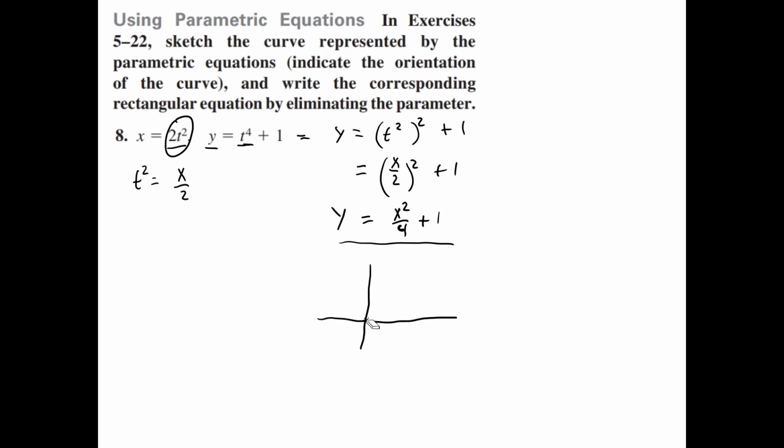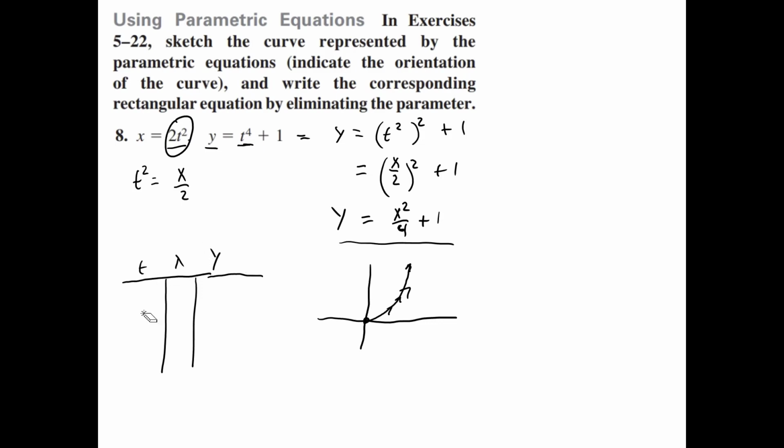So your curve is actually going to look like this, and it's going to go in this direction. Now, the direction is probably easier seen by, actually it goes in both directions, making a table like we did before.